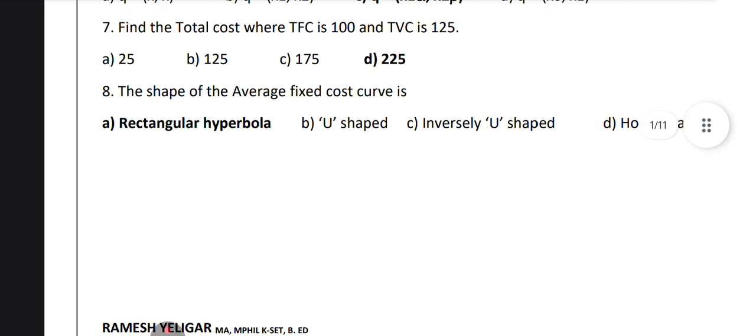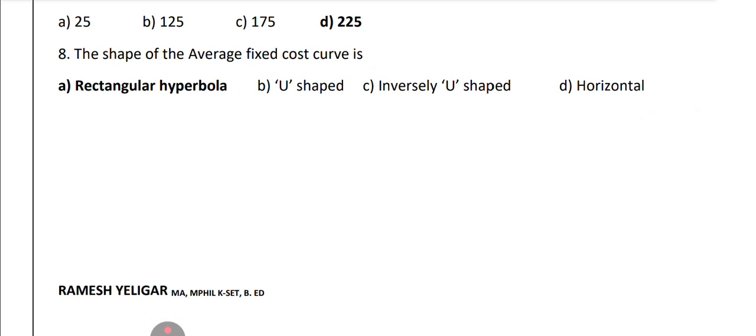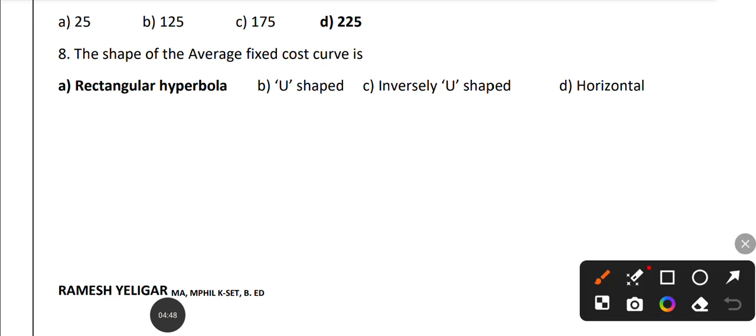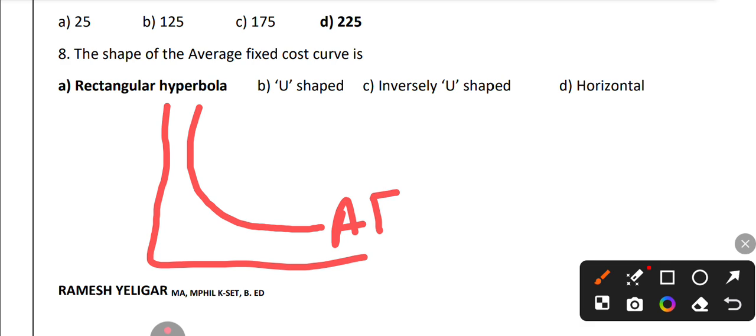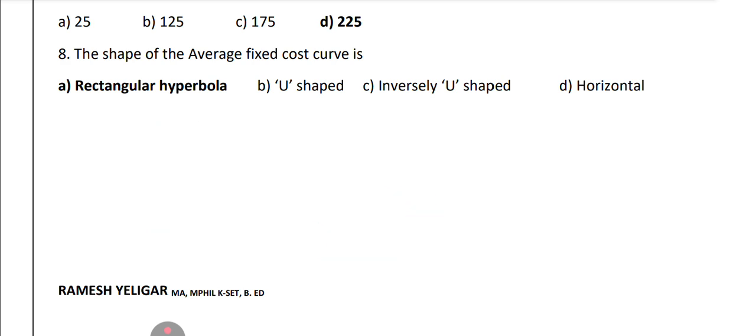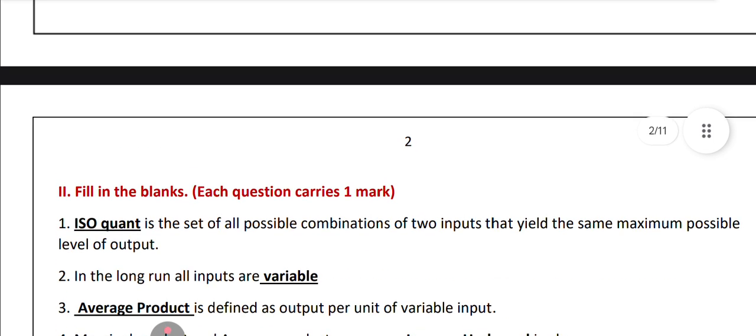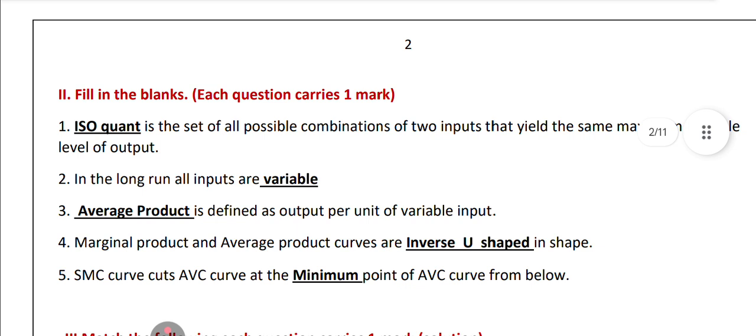Okay students, next, the shape of the average fixed cost curve is a rectangular hyperbola. So the shape of the average fixed cost curve is a rectangular hyperbola. So this is the average fixed cost.